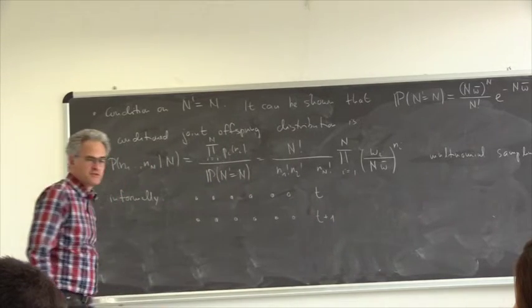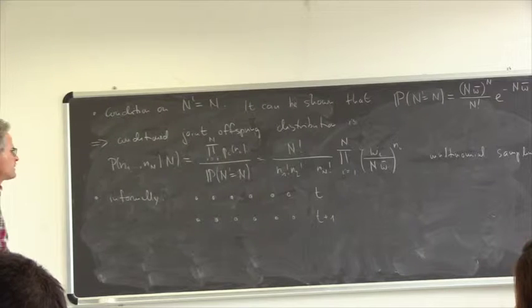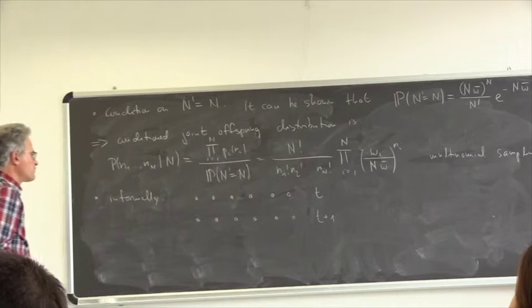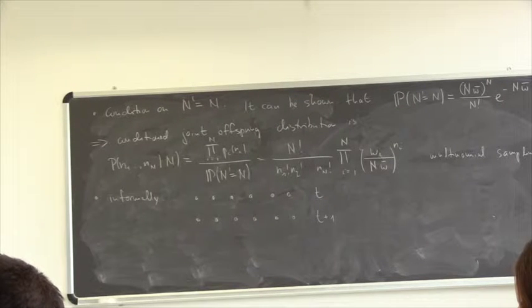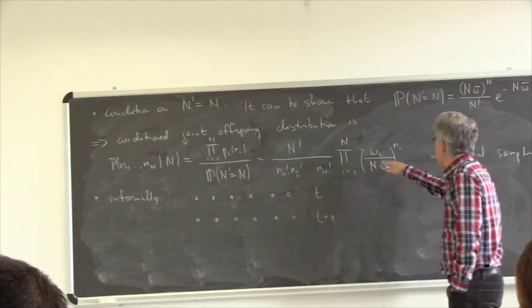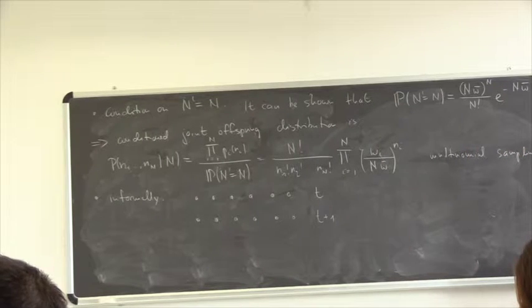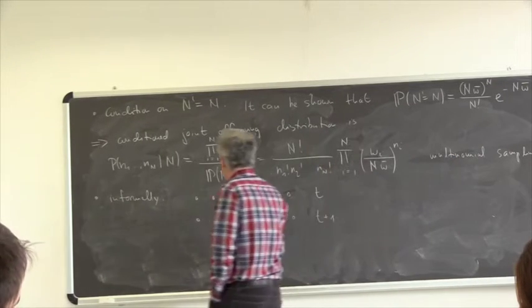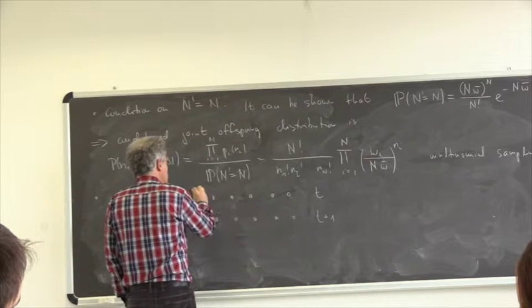Each individual has to be connected backwards in time to one other individual. And so what this multinomial sampling formula simply means is that each individual has to choose a parent, and the probability of choosing a parent is given by its fitness divided by N times W bar.